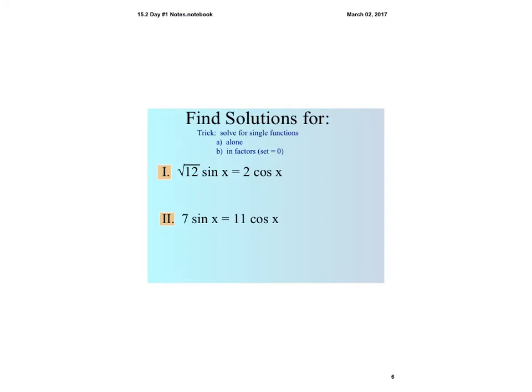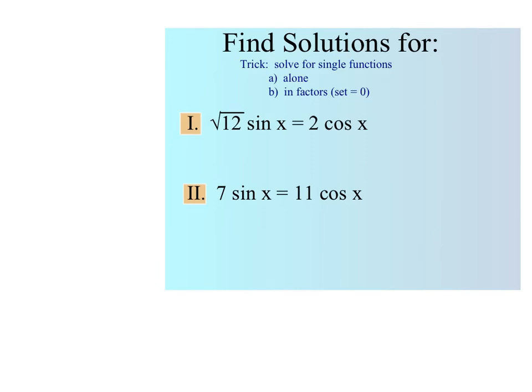The last kind of solving we're going to do involves possibly 2 trig functions, sine and cosine. So there's a couple of tips up at the top. Let's try them out. So number 1, we've got root 12 sine x equals 2 cosine x. My recommendation first would be to combine the numbers in any way you can.